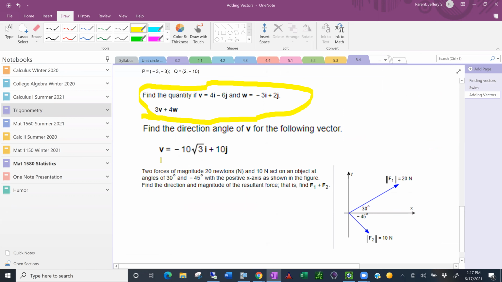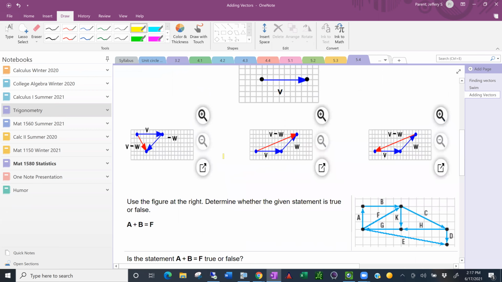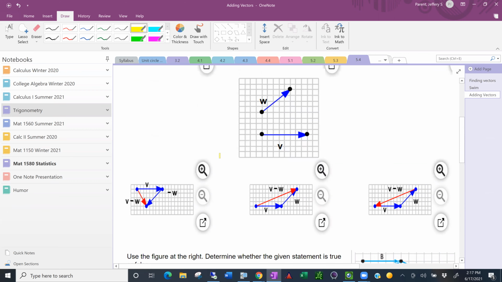This one is a good one. Actually, you know what? I should probably do a couple of these before I do that last one. So, let's look at this one. We've got the vector W and the vector V. We want to add those together.